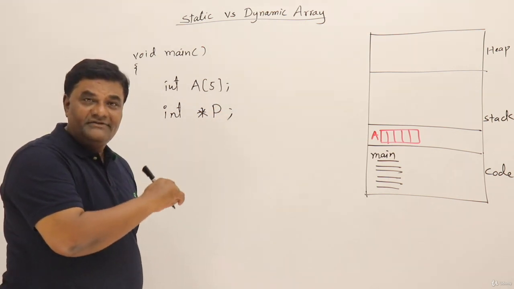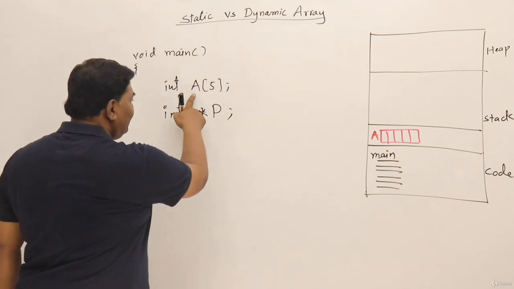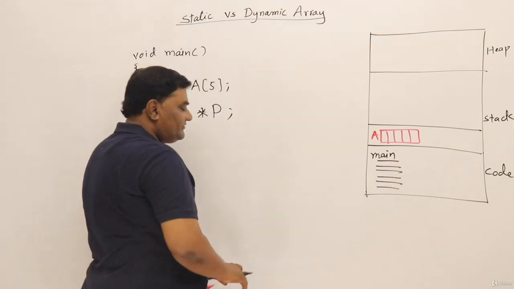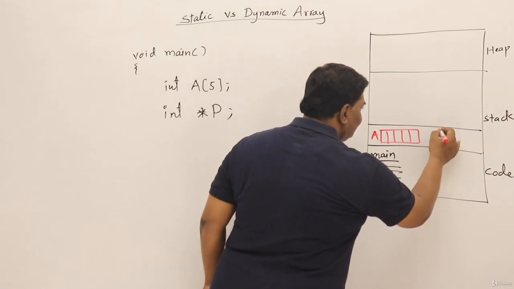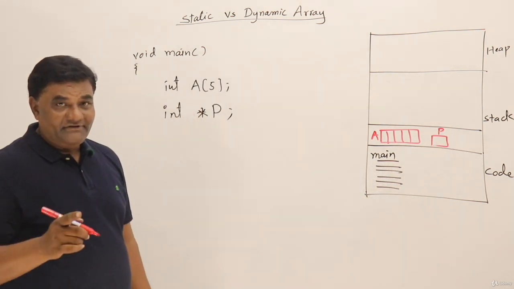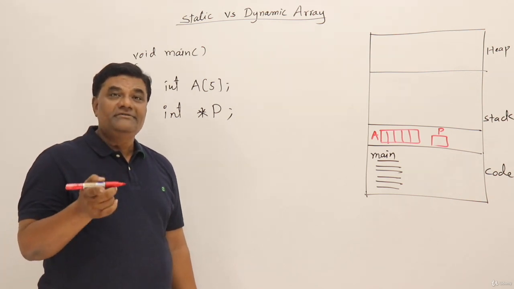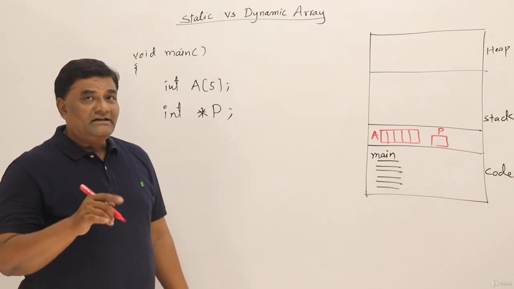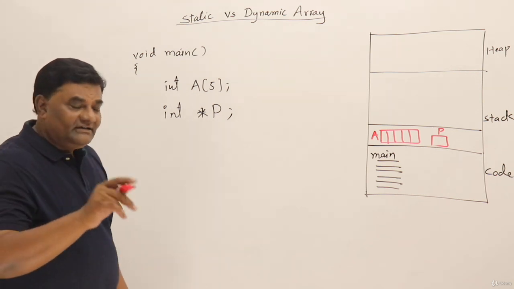Now where will this p get the memory? As a is a variable of type array, p is also a variable, so this will also get the memory inside stack. Now remember, in any language, when you declare a variable, the memory for that variable will go inside the stack only. Then when it will be allocated in heap, let us see.